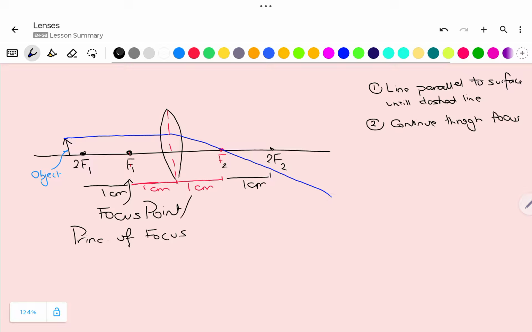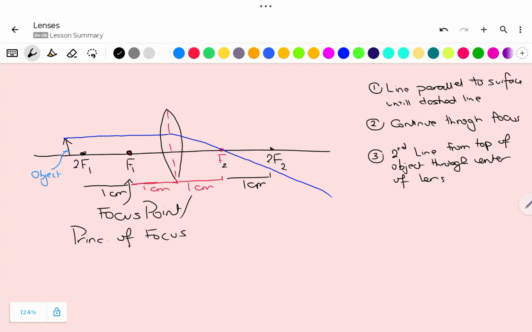Third step, draw second line from top of object through center of lens.